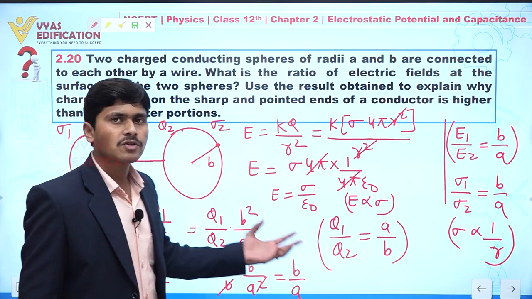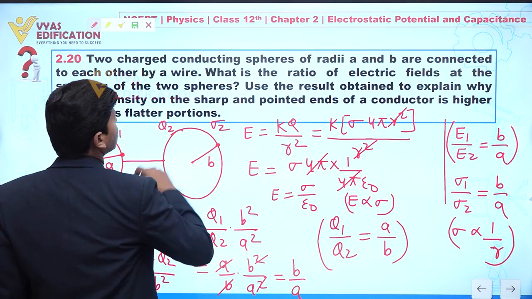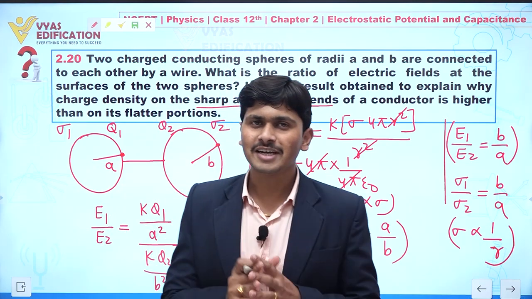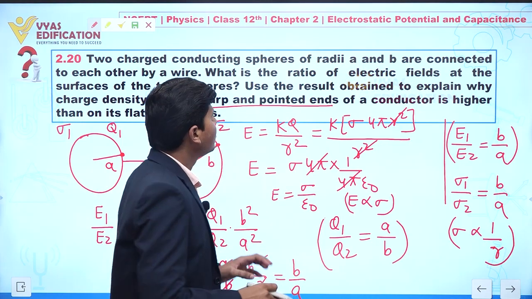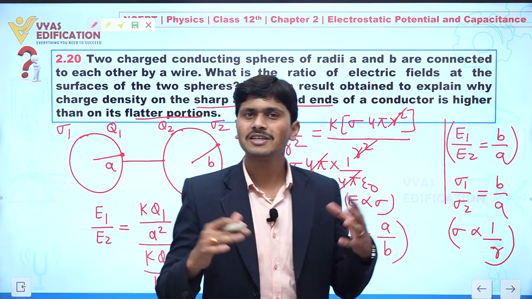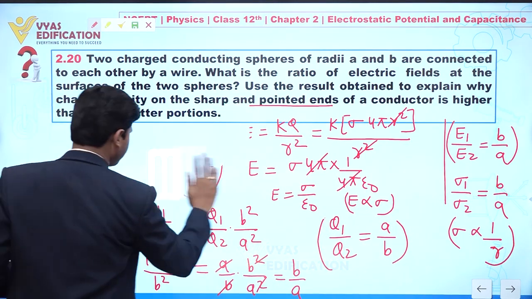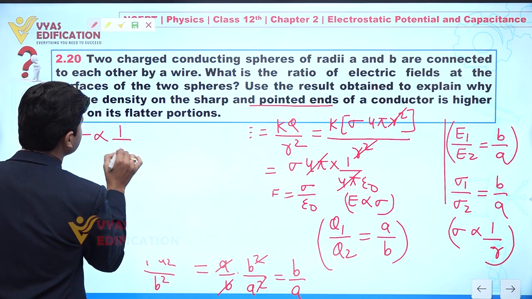Now what can we conclude from this result? Let's suppose we have a sharp and pointed end. Whenever we have a sharp or pointed end, the radius of curvature is always less. And whenever we have a flatter portion, the radius of curvature is very large. So sigma is inversely proportional to r.